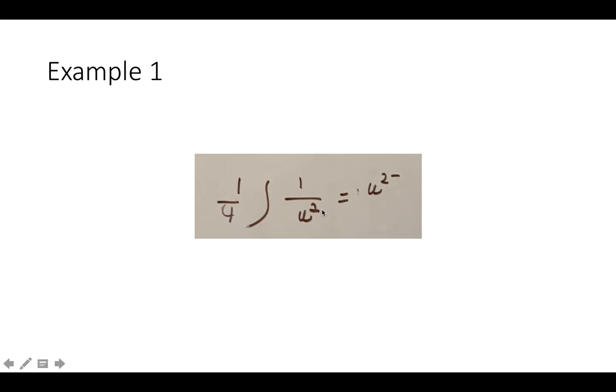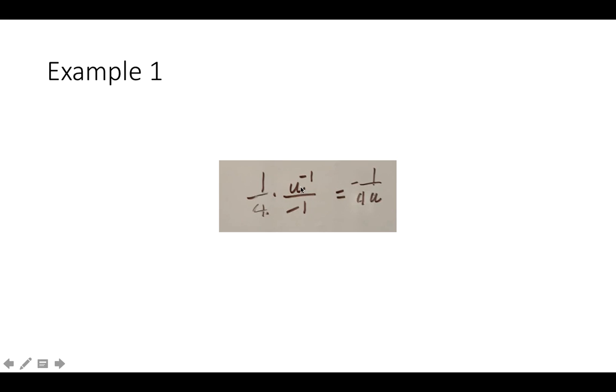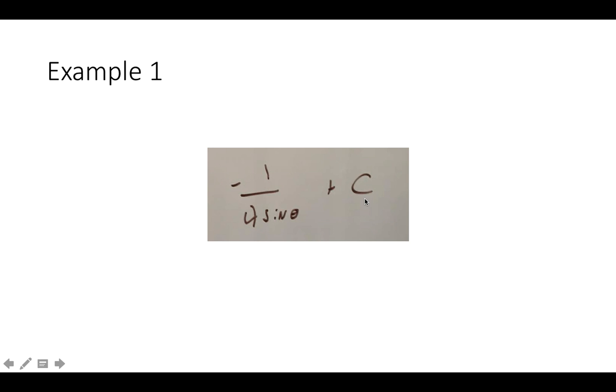We integrate that, and we're left with u to the negative 1 over negative 1 times 1 over 4, which gives us negative 1 divided by 4u. We insert our u, and we're left with negative 1 divided by 4 sine theta.